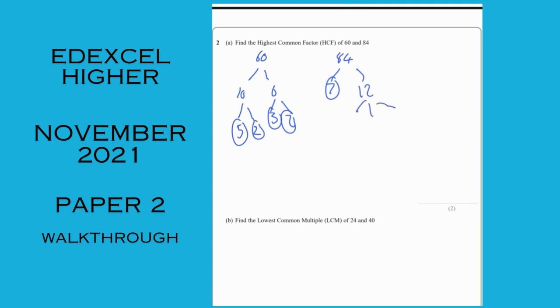Don't be afraid of a three-way split. It speeds it up. And your highest common factor is multiply the common prime factors. There's a 2 in common, a 3 in common, and another 2 in common. Get them timesed, we get the 12.